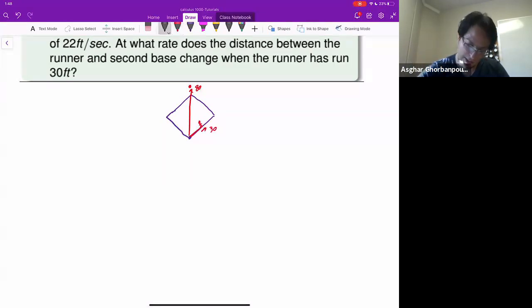Now the question is, what is the rate at which the distance between the batter and the ball changes?